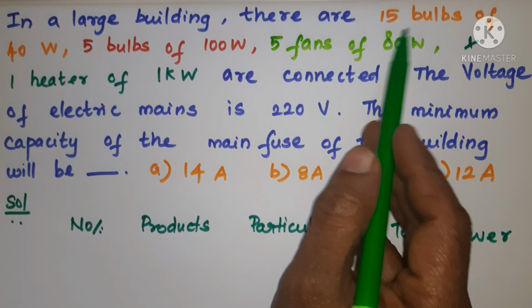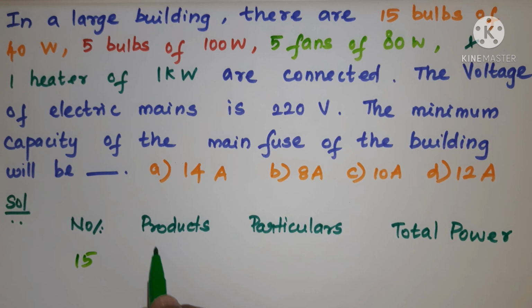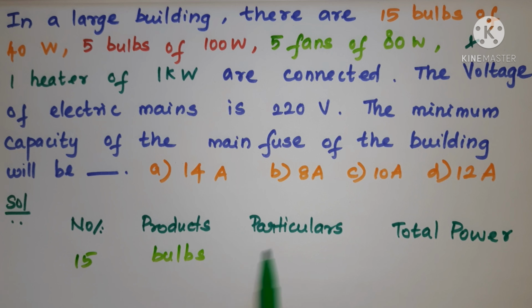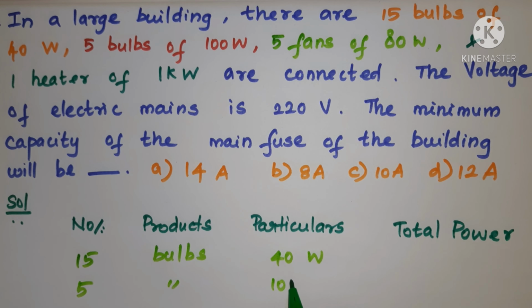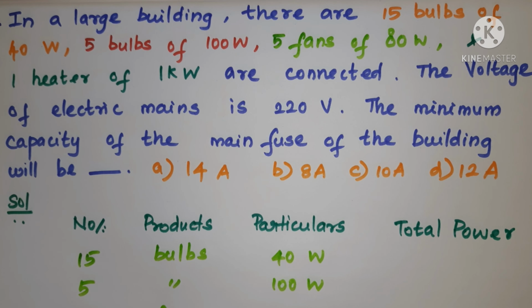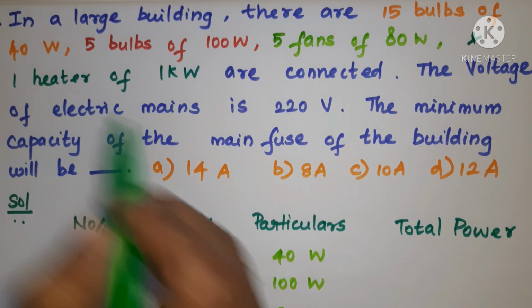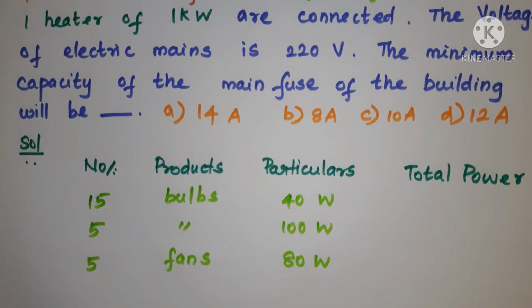First one, 15 bulbs of 40 watt. Next one, 5 bulbs of 100 watt. Next one, 5 fans of 80 watt, and then 1 heater of 1 kilowatt.